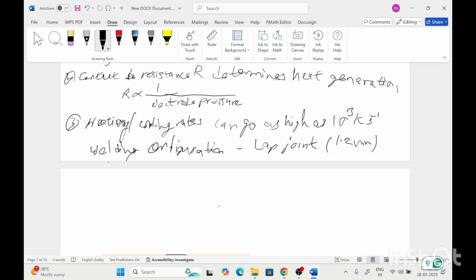If we want to calculate the temperature gradient for a resistance spot welding process, say we increase the temperature of a material from 300 Kelvin to 1800 Kelvin, so the delta T can be calculated as this.